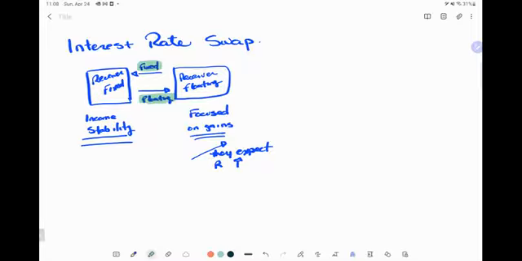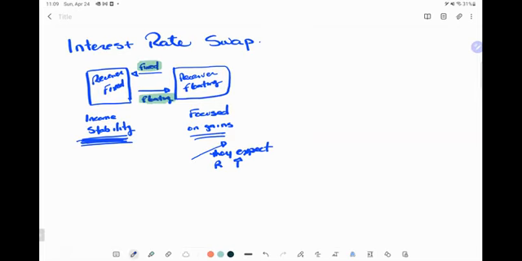In turn, this receiver fixed has already a floating rate, and this investor is not happy with that floating rate, and therefore it makes sense to this investor to swap it in exchange of a fixed rate that allows for more stability in the income, right?